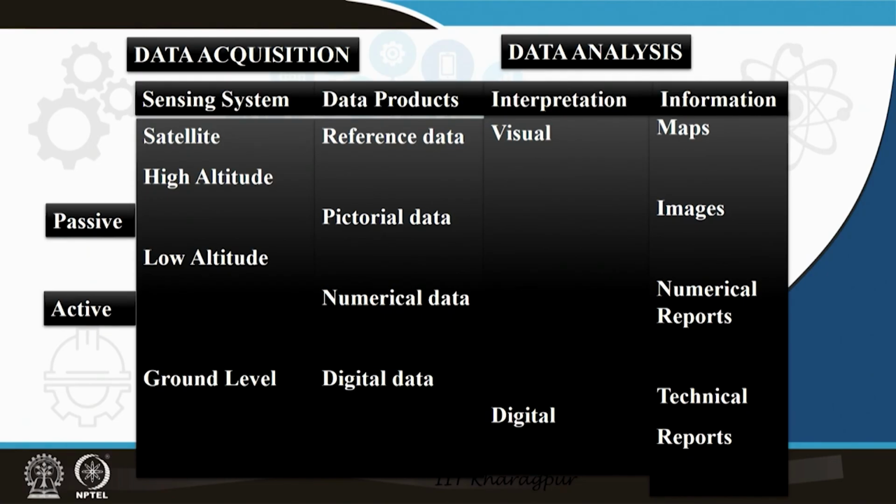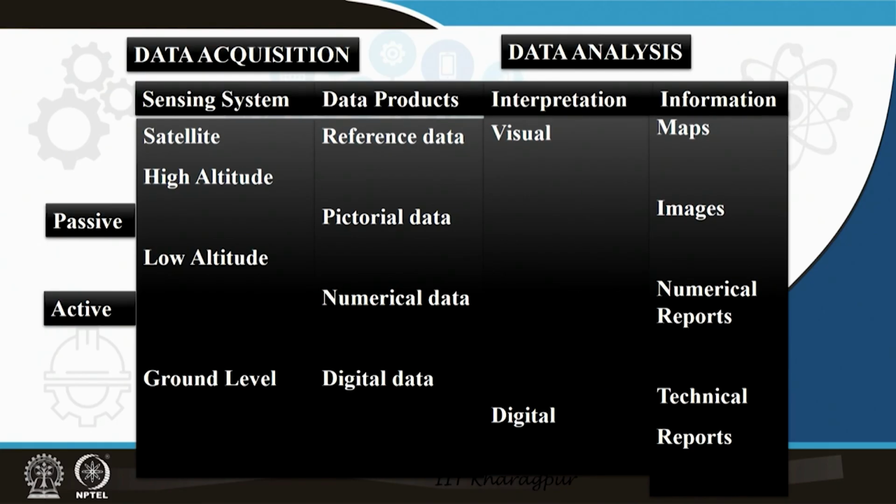Once you have captured this data, you have to interpret it either visually or digitally. You use various sophisticated algorithms to do all kinds of analysis, whether statistical or numerical. Or there are methods where you do visual interpretation, where you visually say that this particular part of the earth's surface belongs to this category. So that is the third step.